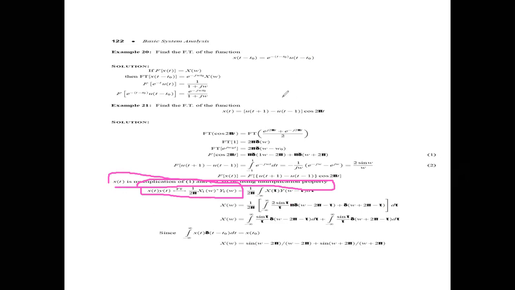So individually you can find the Fourier transformation of this one and of cos 2 pi t. Then using this property, you can find X of omega is equal to sine of omega minus 2 pi by omega minus 2 pi and sine of omega plus 2 pi by omega plus 2 pi.